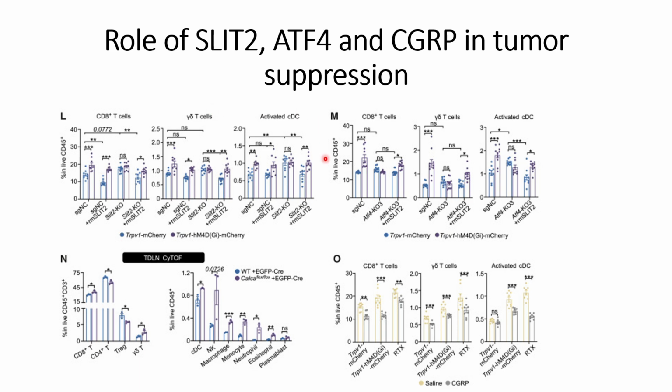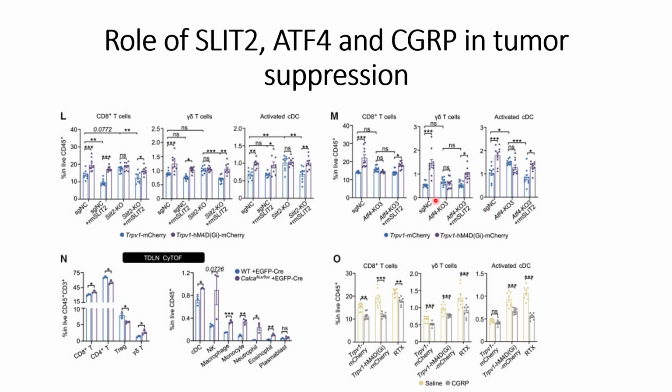Afterwards they did similar studies on ATF4. That is, they made the ATF4 knockout and found no statistically significant difference between CD8 plus T cells, gamma delta T cells, and activated conventional dendritic cells.